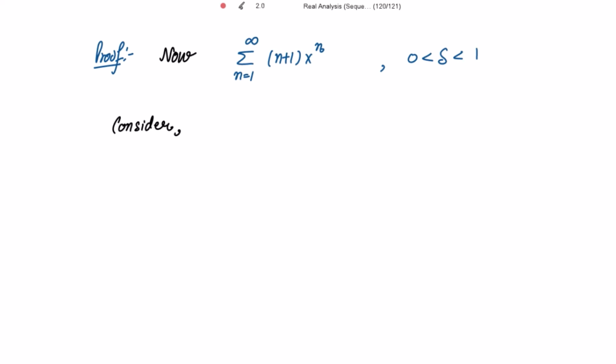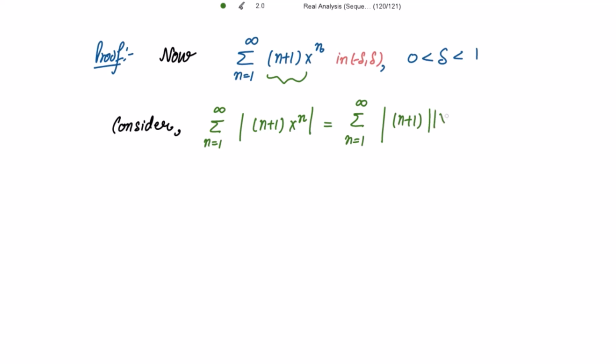Now this is the infinite series given to us. We need to prove that it converges uniformly in the interval minus delta to delta, and delta is given to be a strictly positive number which is less than unity. Let's consider the mod of this first. This is equal to summation n going from 1 to infinity mod of n plus 1 into mod of x to the power n.